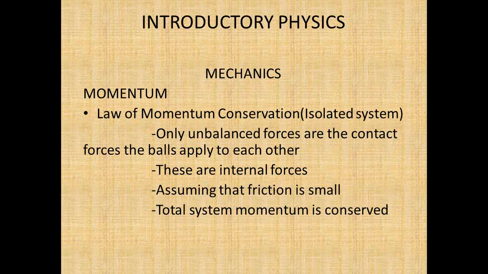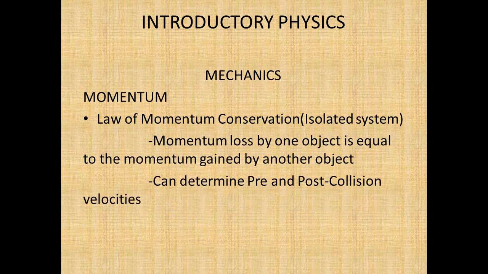There shouldn't be any external forces. The only forces that should be acting are the contact forces between the objects. And you have to assume that the frictional force is small, negligible. And again, the momentum lost by one object is equal to the momentum gained by the other object.